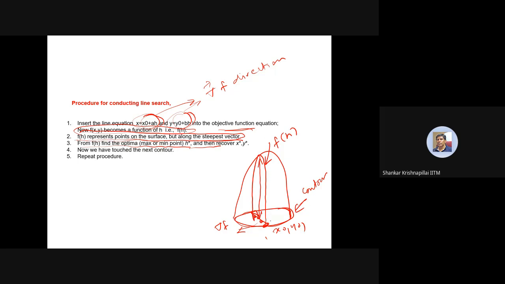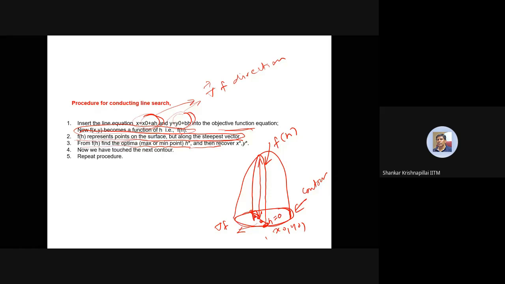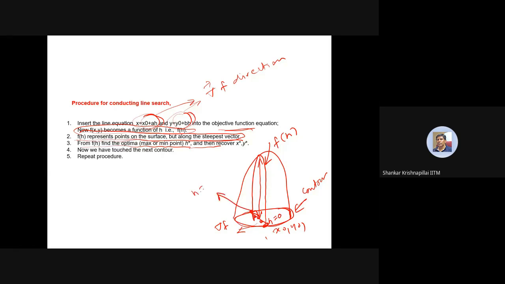Here h is equal to 0, here h may be equal to 1, and somewhere in the middle you get h star. H star is the place where this maximum altitude occurs. So this point is f of h star, the peak.